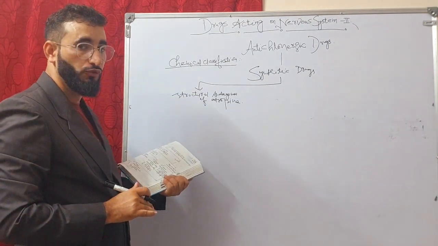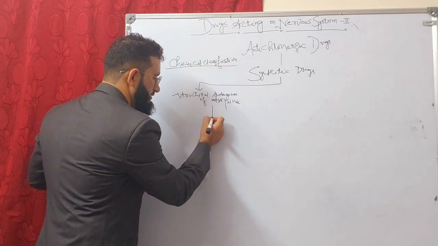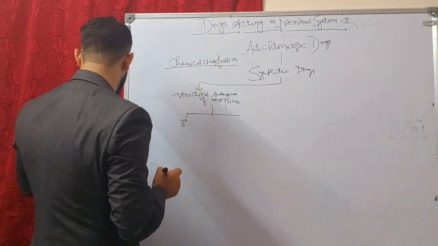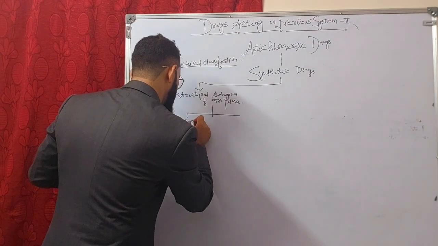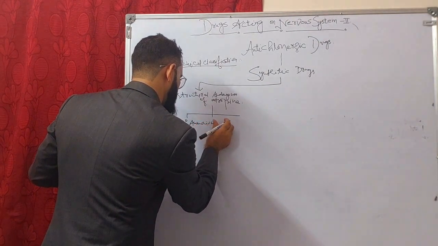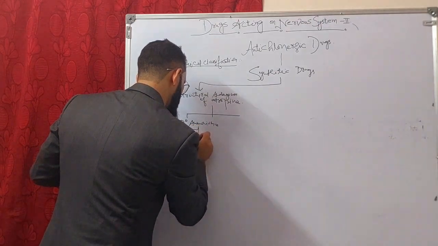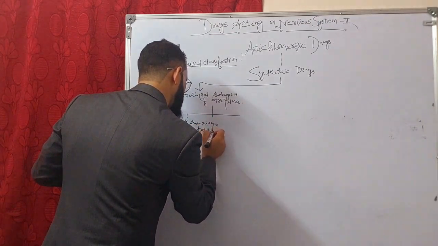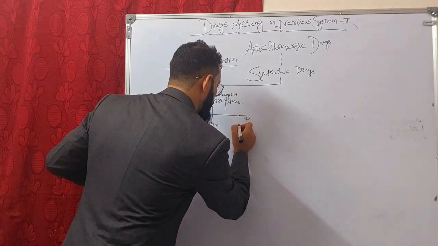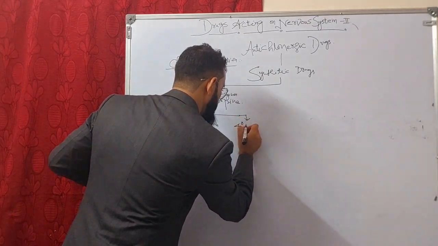It is further subdivided into two categories. First one is the tertiary ammonium compounds, and the other class is quaternary ammonium compounds.